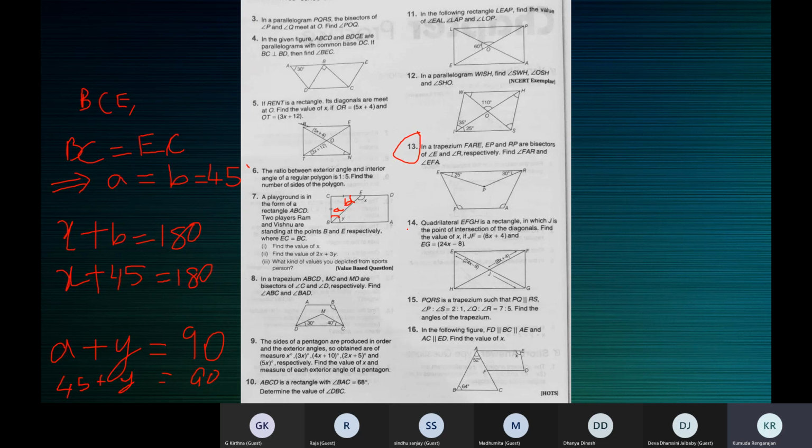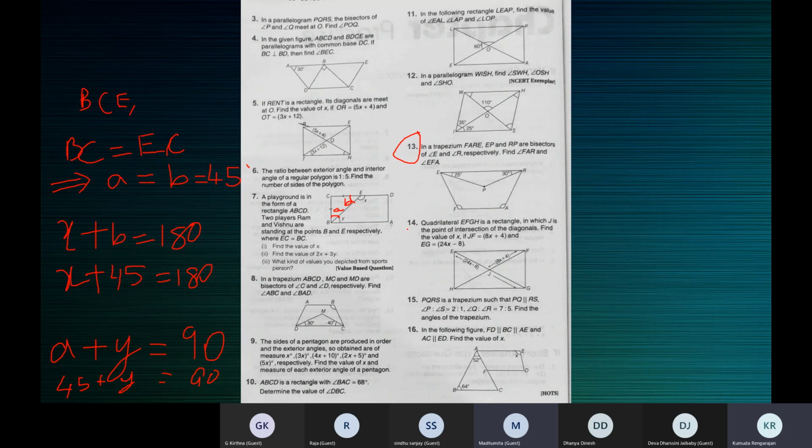One person is standing at B and another person is standing at E. Since both of them are equidistant from C, BC is equal to EC. Nobody is cheating, nobody is closer to C. They're equidistant. So I think it only suggests honesty.